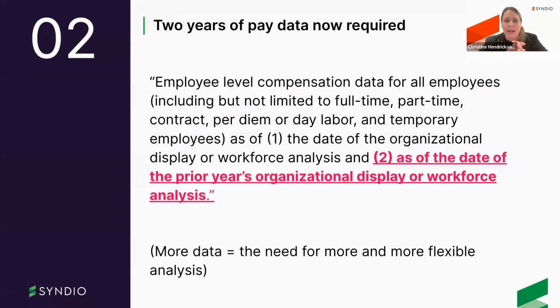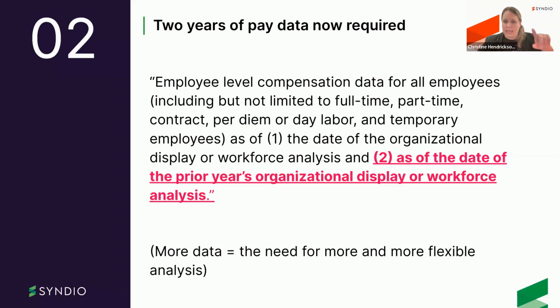So as part of your submission to the OFCCP, you're required to provide an Excel file, or a CSV file, or a Google sheet that contains the employee-level compensation data for all employees. So it will be the employee's name or identification. It will be things like what date they were hired, and the like. And we'll get into that in a bit more.